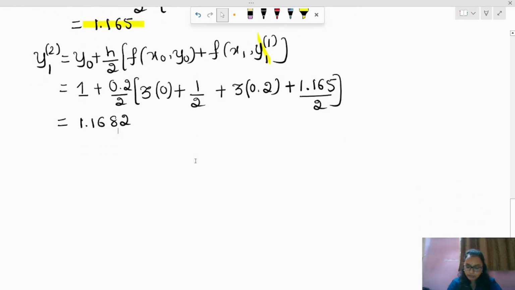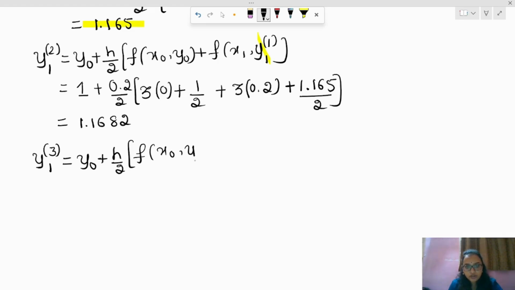Now let me move on to the next approximation, the same y1 at its third approximation. The formula becomes y0 plus h divided by 2 multiplied by f of x0 comma y0 plus f of x1 comma, now y1 at second approximation.